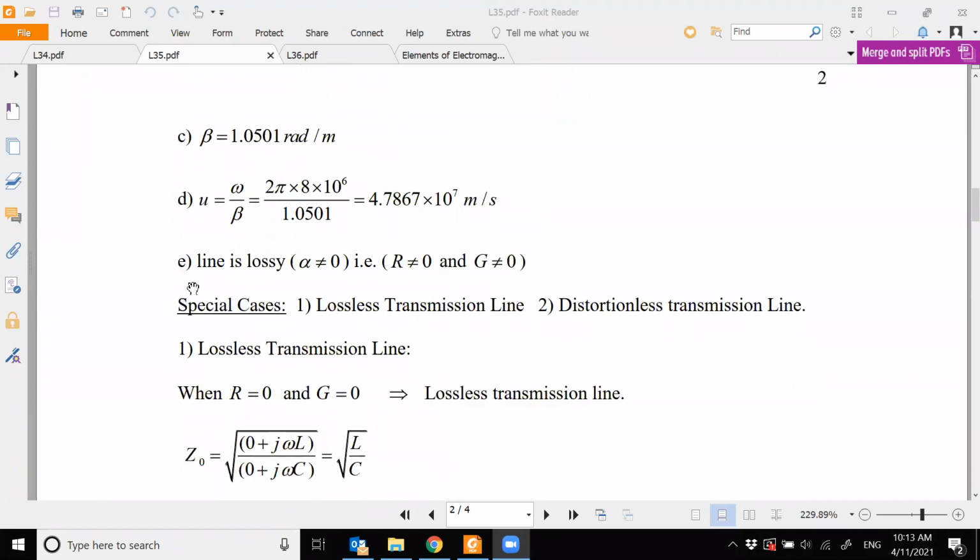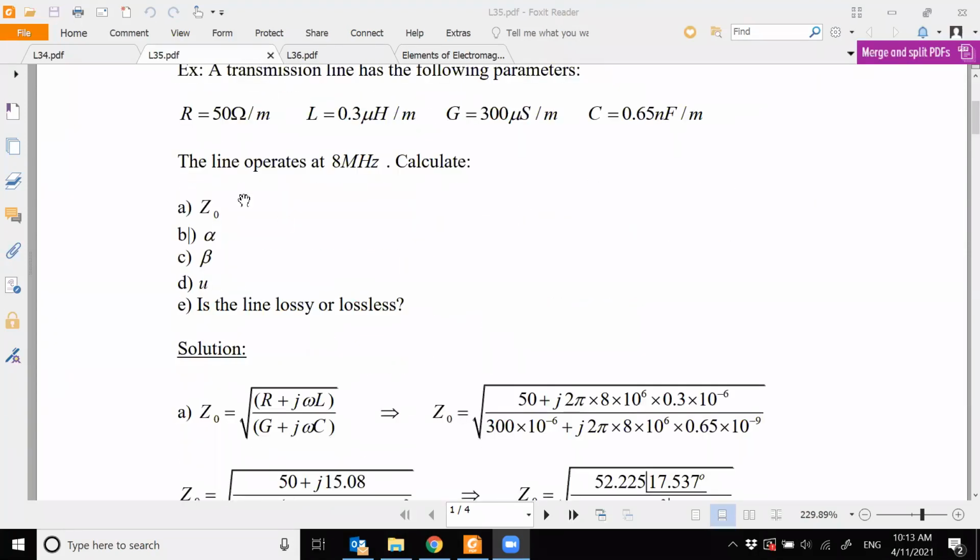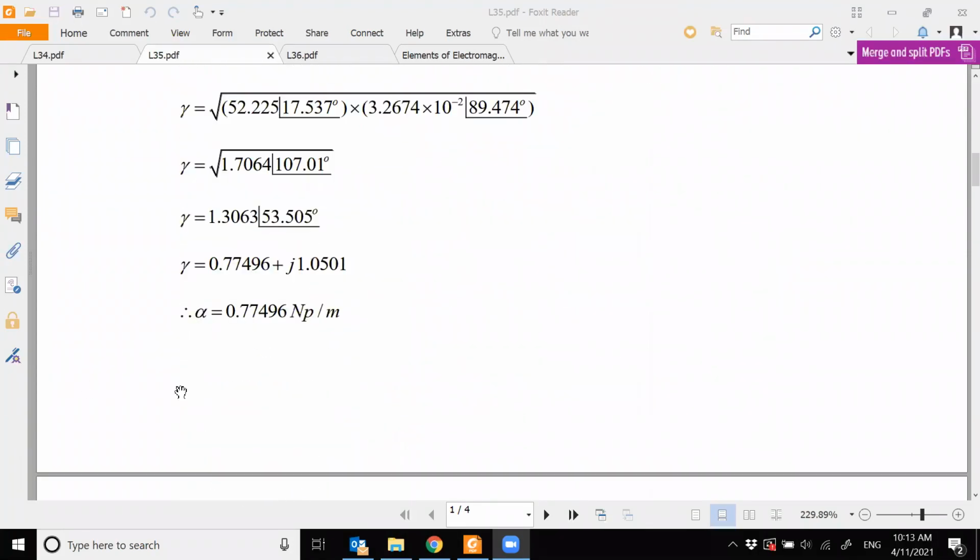And last thing, whether the line is lossy or lossless. What can you say whether the line is lossy or lossless? See, you are getting alpha. Can you see this? So your alpha is non-zero. Alpha is not equal to 0. So if alpha is not equal to 0, that means the line is lossy, right?